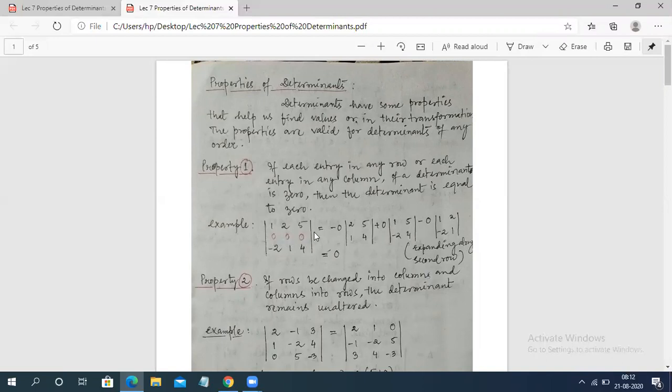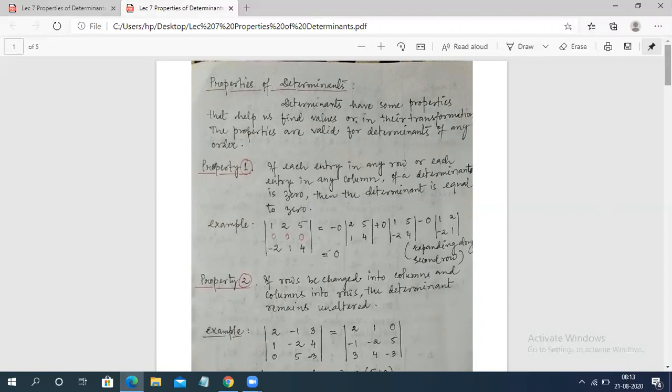So obviously its determinant value will be 0, because if we expand this determinant along the second row, that is R2, then every minor is multiplied with 0, so its determinant value will be 0. So this is the first property: for any row or any column, if each entry is 0, then its determinant value will obviously be 0. No need to find the determinant value. You can write directly this is equal to 0.